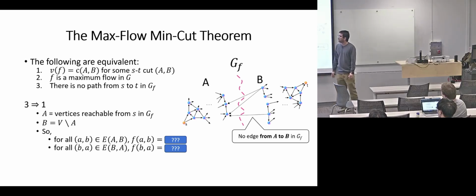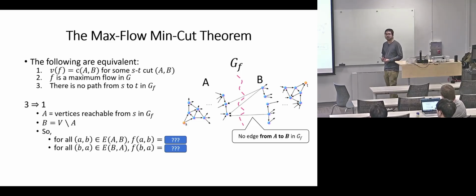No. Or without the ones going from B back. Wouldn't the cut from A to B plus the cut in G_f equal the overall cut, right? I'm not sure I understand.